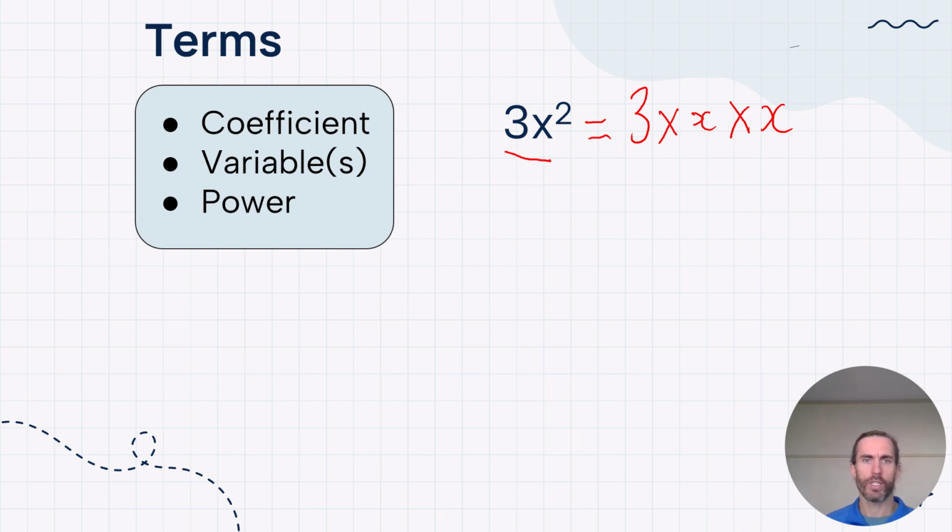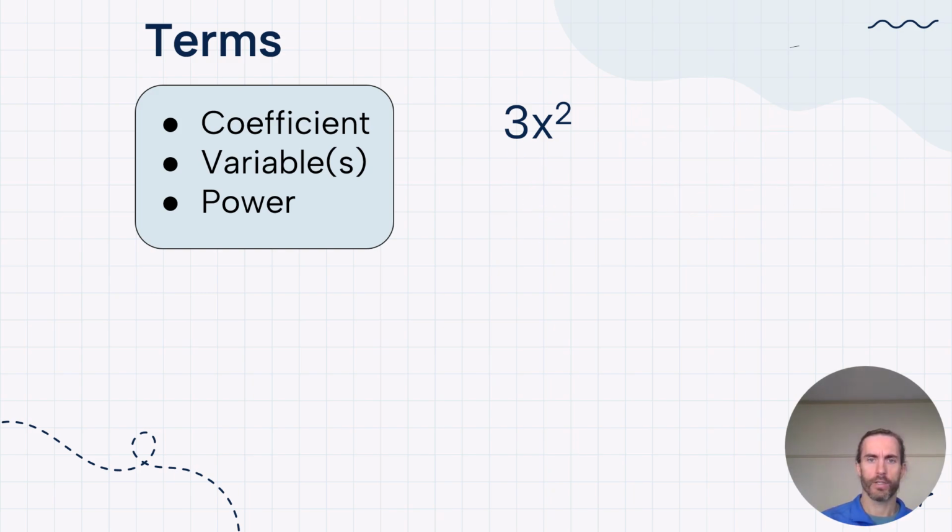And also, if you see numbers or letters next to brackets or something like that, that's also saying the same thing. So if we see something like 2 in brackets 4, this means 2 times 4, which is, of course, 8.